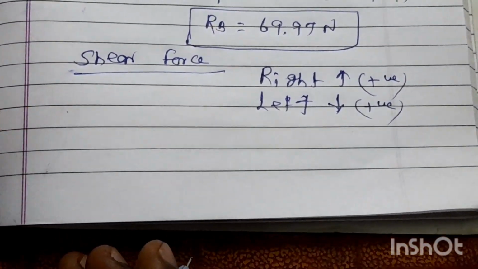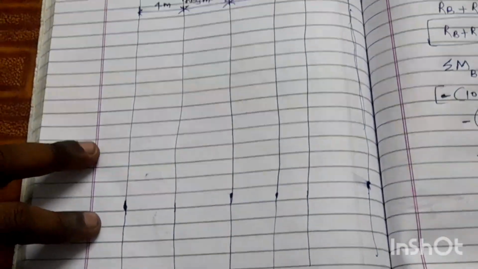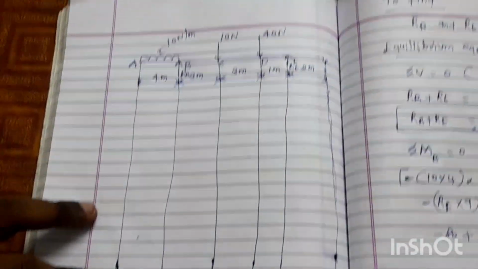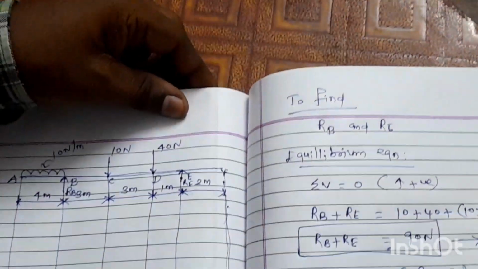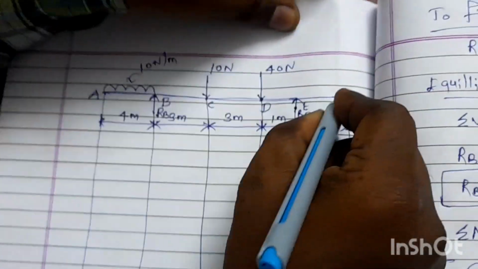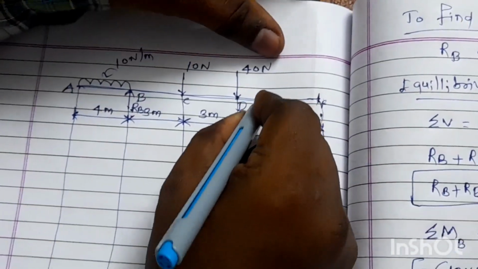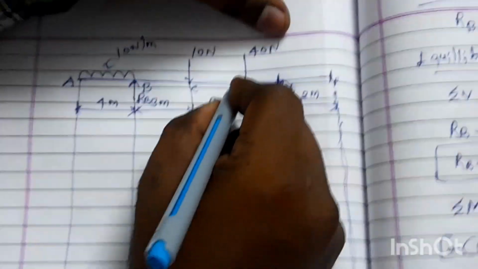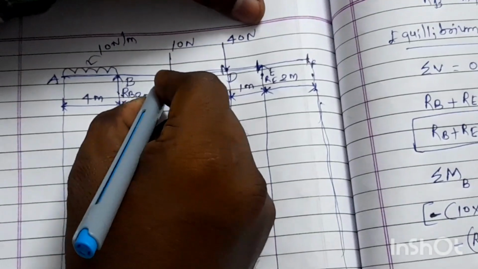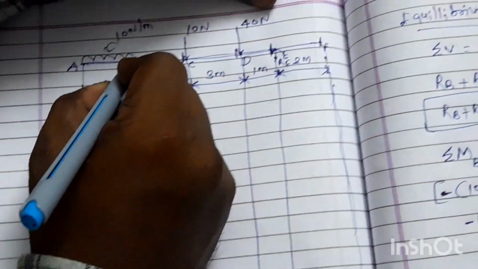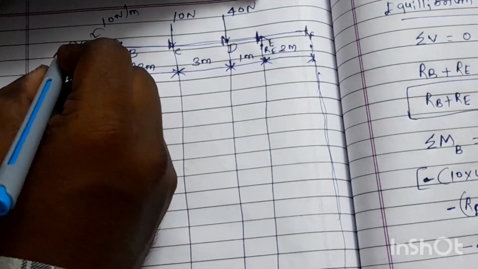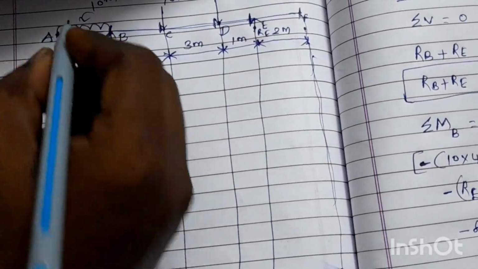Now come to this point here. Shear force values from this point. For that, the reference point we have to take care of. For this point F, this is the reference point. It is the reference point for E, reference point for D, a reference point for C, and a reference point for B, and here you don't have any point.